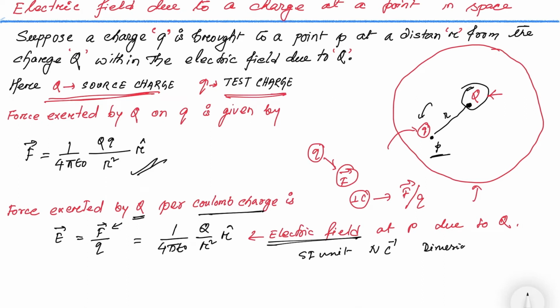And its dimensional formula is M L T to the power minus 3 A to the power minus 1. That is its dimensional formula.